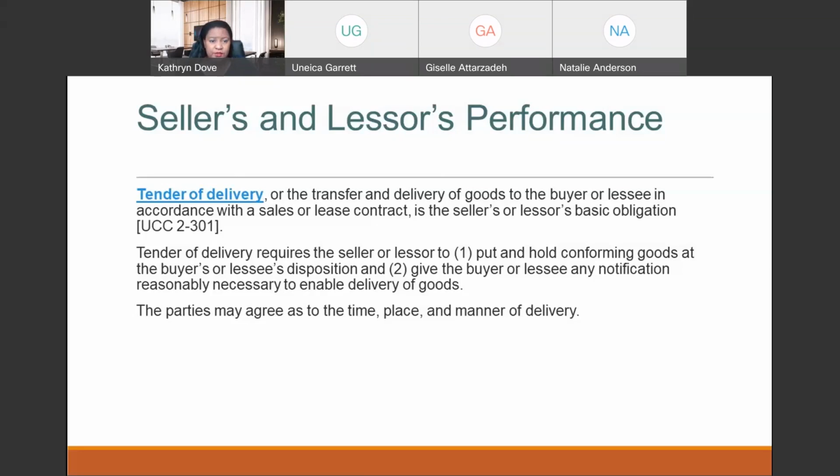If the seller fails to do that, that'd be breach of contract. Tender of delivery requires the seller to put and hold conforming goods at the buyer's or lessee's disposition and give the buyer or lessee any notification reasonably necessary to enable delivery of the goods. The parties may agree as to the time, place, and manner of delivery.